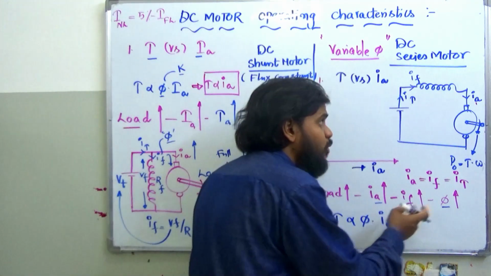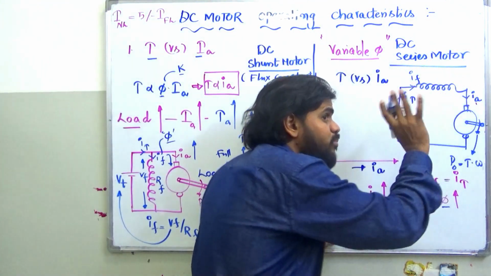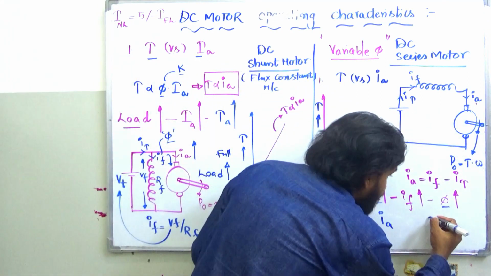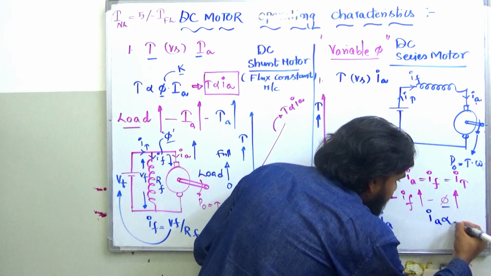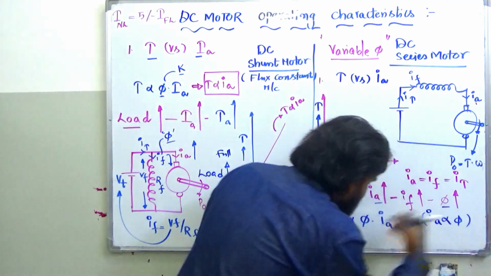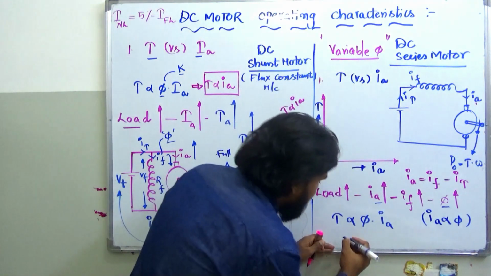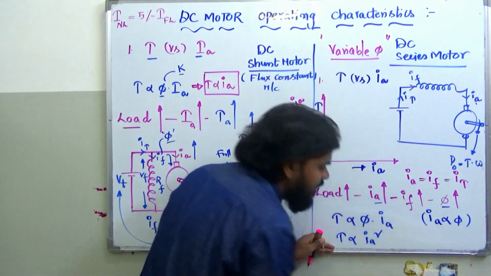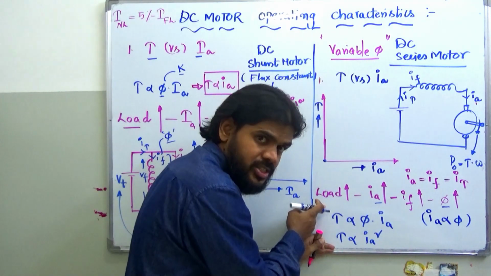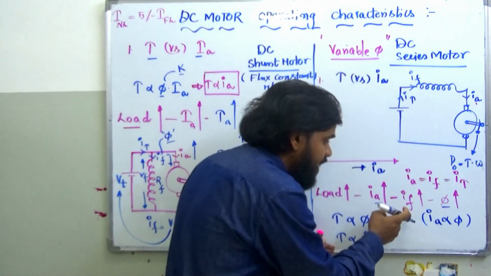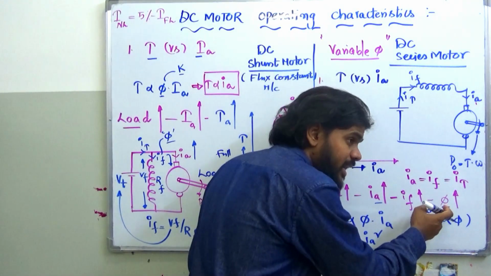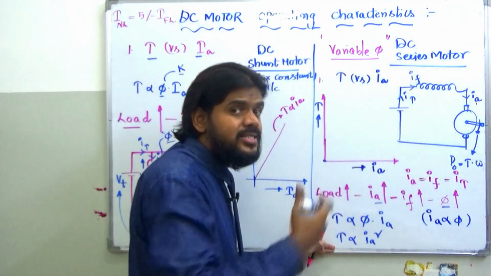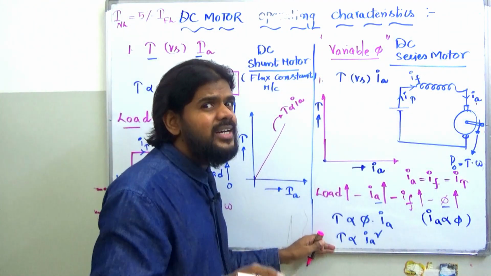Because the current flowing through the armature and the field is the same, Ia and flux are proportional to each other. Hence I can take that torque is proportional to Ia square. So as the load changes, Ia changes, If changes, and thereby phi, which means as the load changes, the torque is going to change as the square of the current.